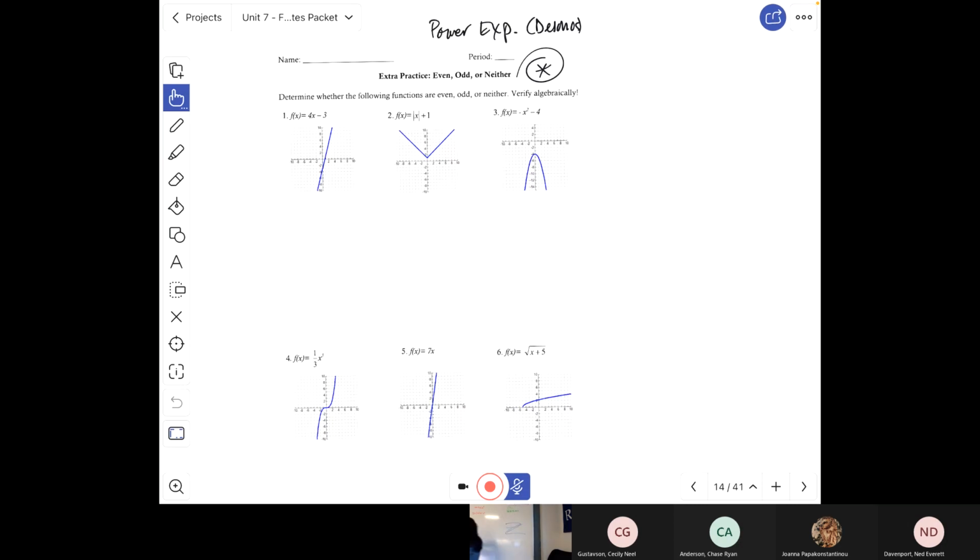Take about 5-10 minutes to do all of these on these 2 pages. For each of them, you should be able to verify algebraically, because on the test, you have to verify algebraically.